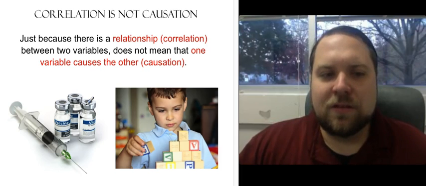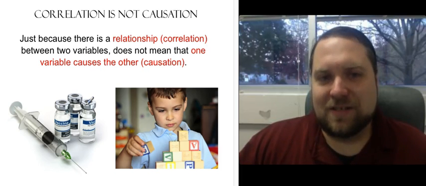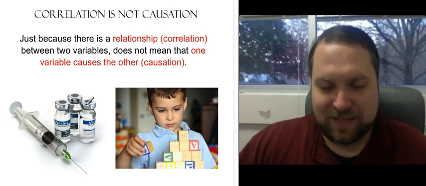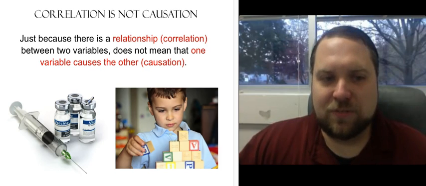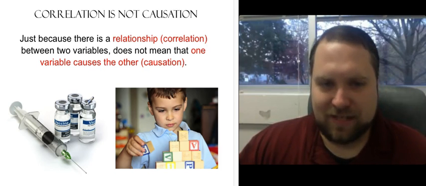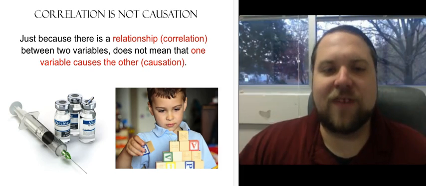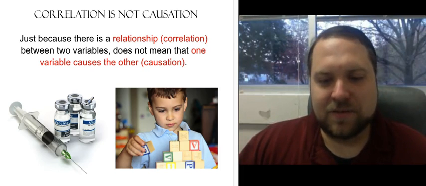And so if we get causation and correlation confused, sometimes it can lead to some situations that are frankly kind of scary. So keep in mind, just because there is a relationship between two things does not mean that one causes the other. There may be some other factor that is connecting those.